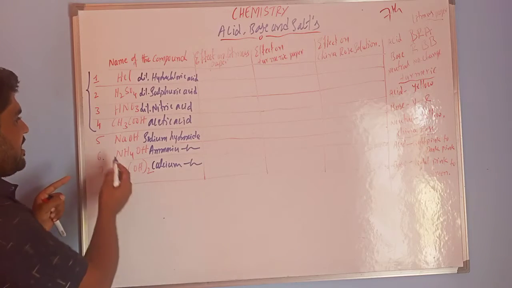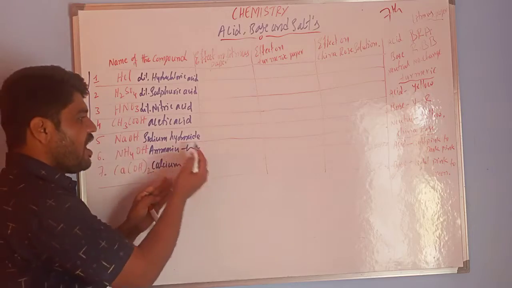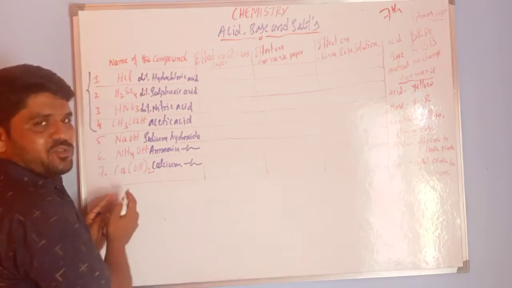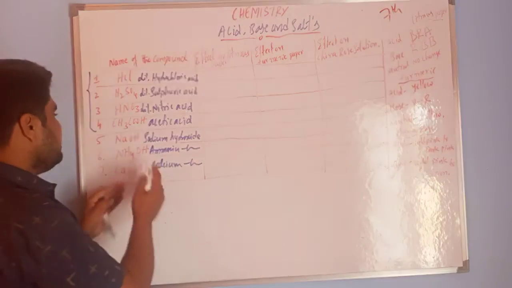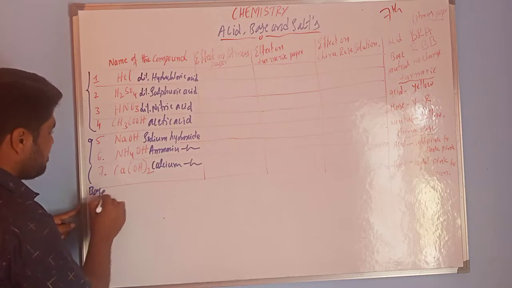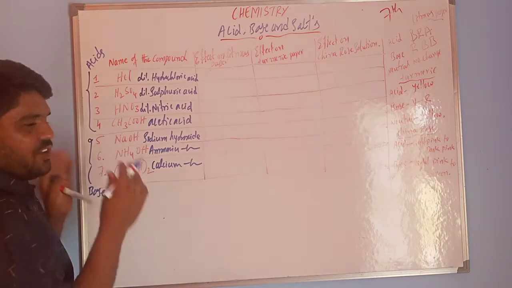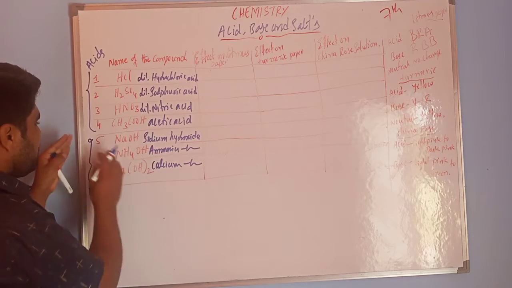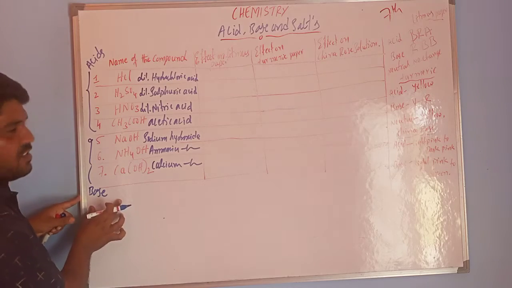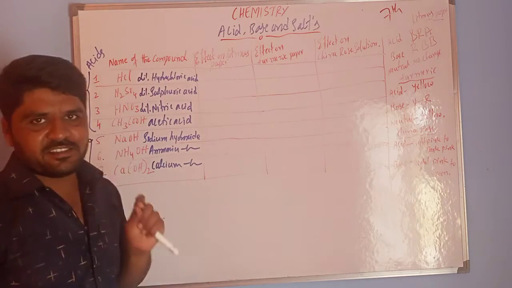And the remaining NaOH, sodium hydroxide, NH4OH, ammonium hydroxide, and the seventh one, calcium hydroxide, are bases. So we know that in these compounds, these 3 are bases, and these 4 are acids.